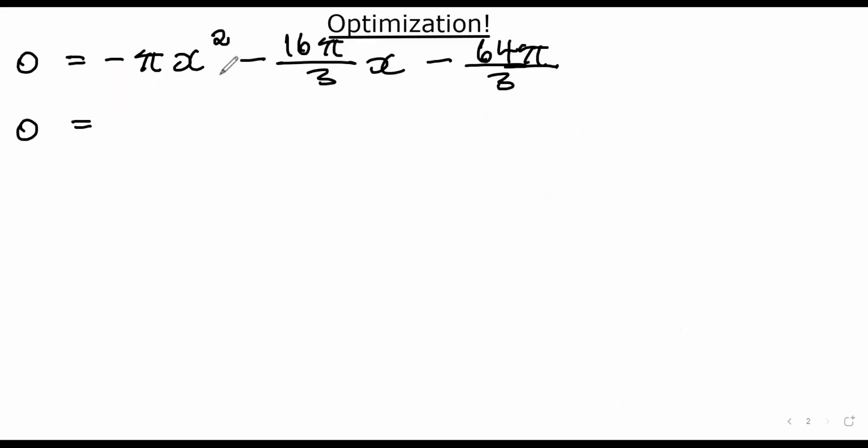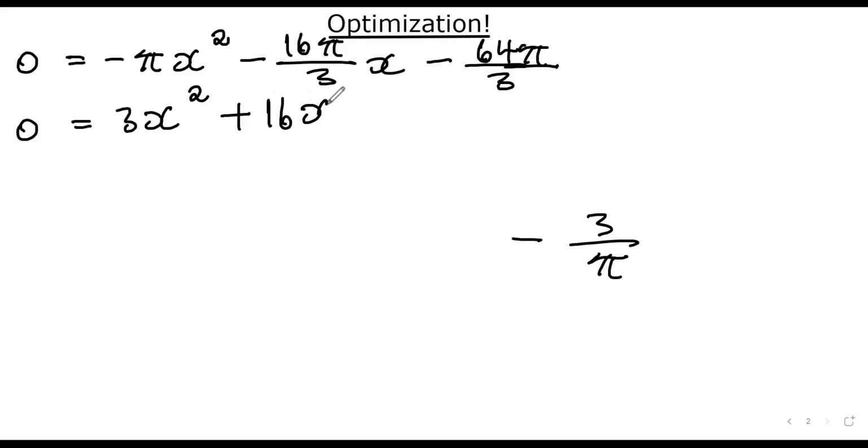Okay, now we move on and we say after multiplying that, remember we multiplied by negative 3 over pi, so that here we get 3x squared. And here we get positive 16x. And here we get positive 64. That's what I'm saying to you.